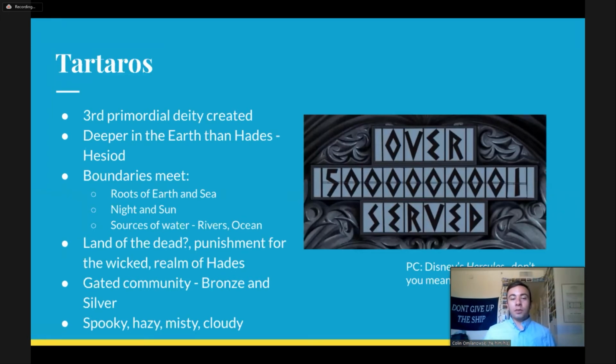Additionally, it's where the rivers and what's known as Ocean are. So, quick background here. The Greeks, although they lived in an island culture surrounded by a bunch of water, once you got past a certain amount of land, thought the world was encapsulated in a circle by a ring of water. And who knows what's beyond that.